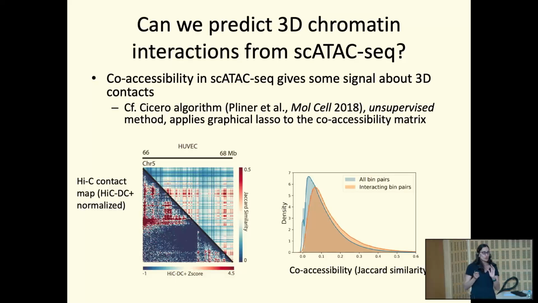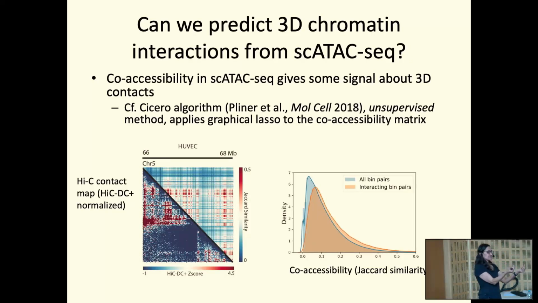So there's an idea that, with single-cell ATAC, maybe there's already information about 3D connectivity in ATAC-seq, okay? And there's sort of a method called Cicero from a while ago.